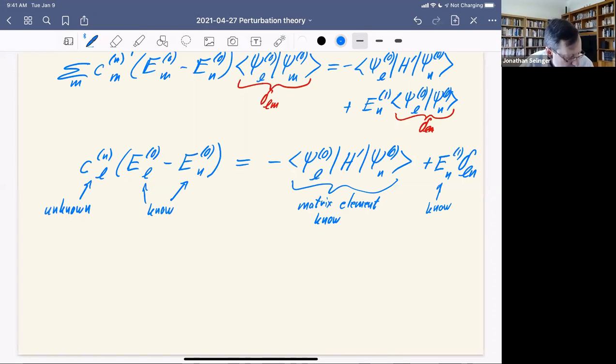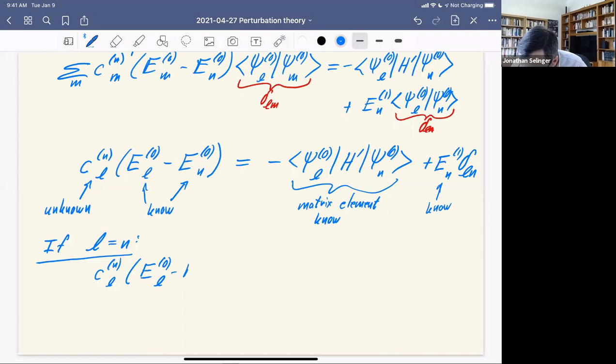Let's consider both the cases where L equals N and L is not equal to N. If L equals N, on the left side, we have C^N_L times (E0L minus E0L).